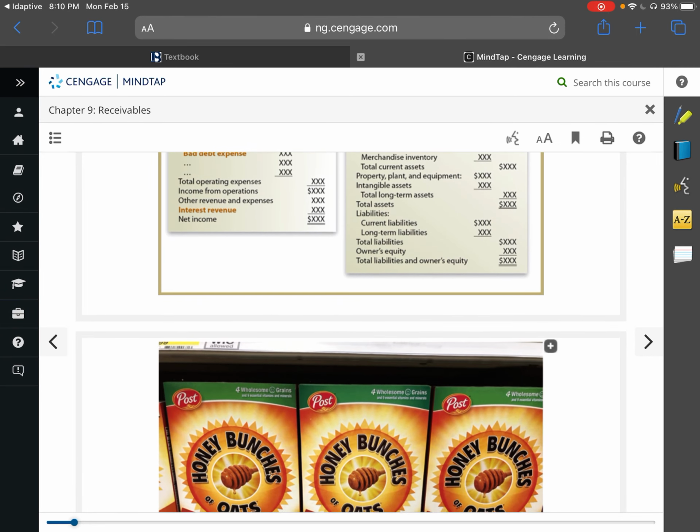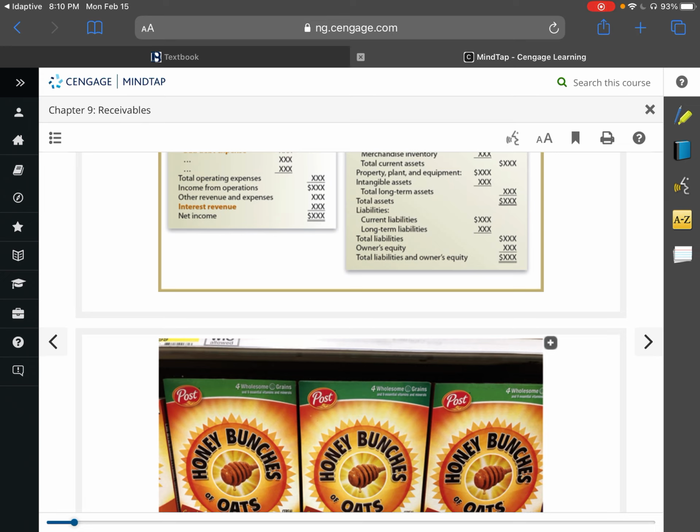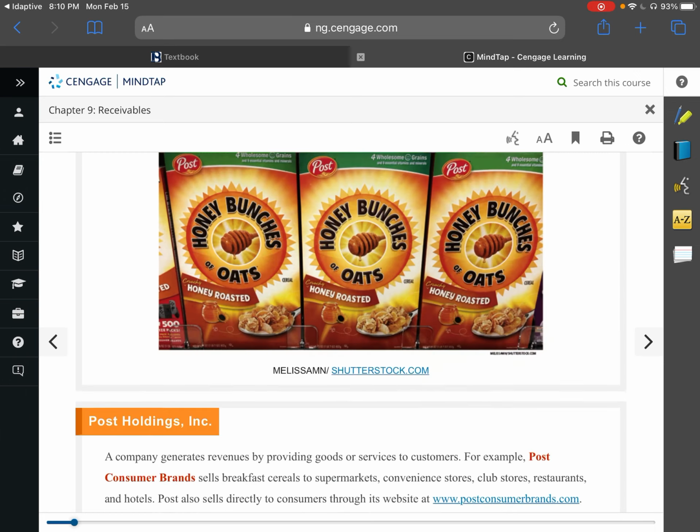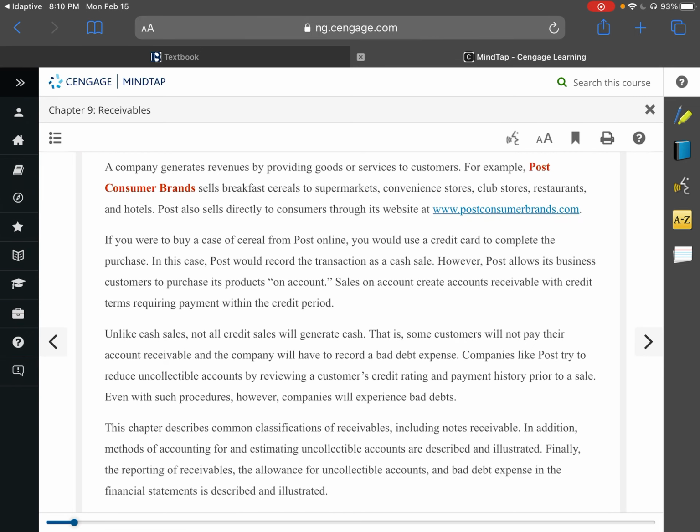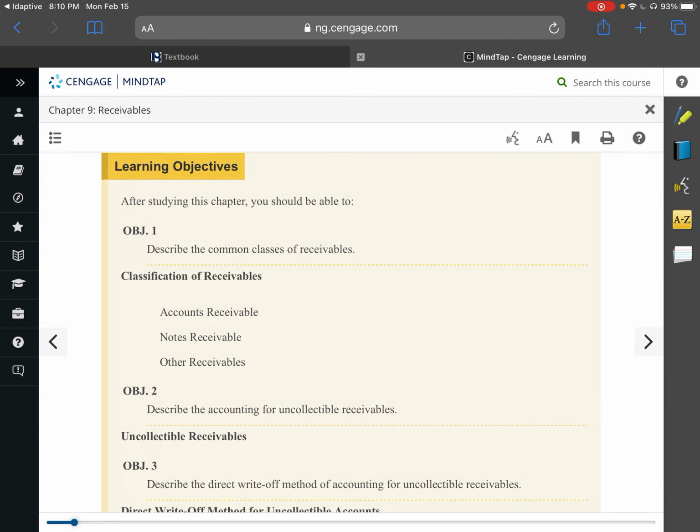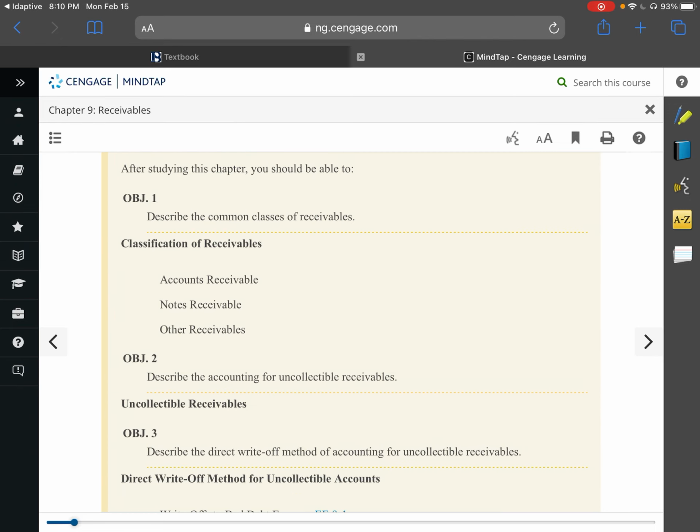Okay, and so next week when we get into those formulas that surround receivables, we're going to spend a lot of time on those, and we're going to dig down and make sure that we understand how to solve those things. Okay.